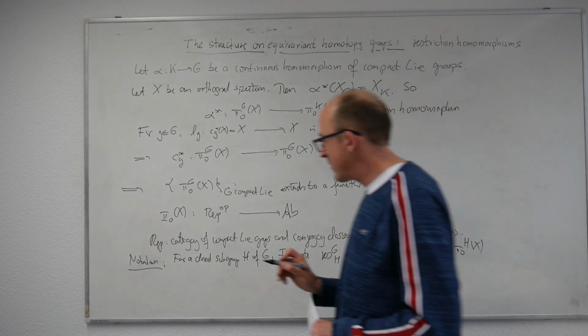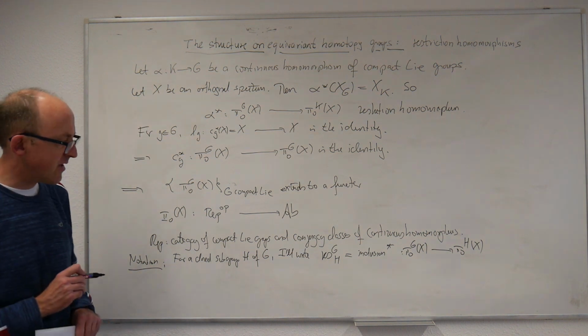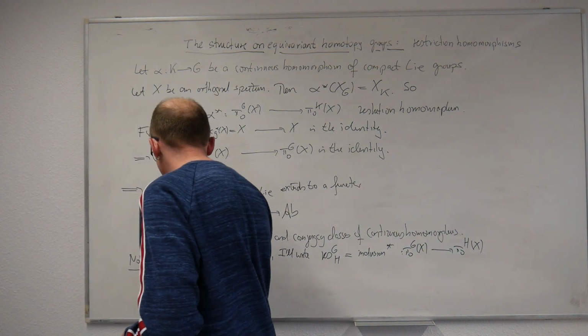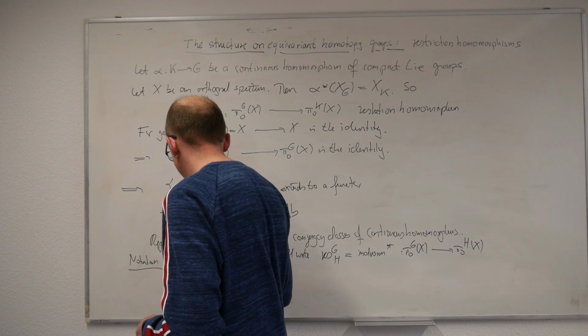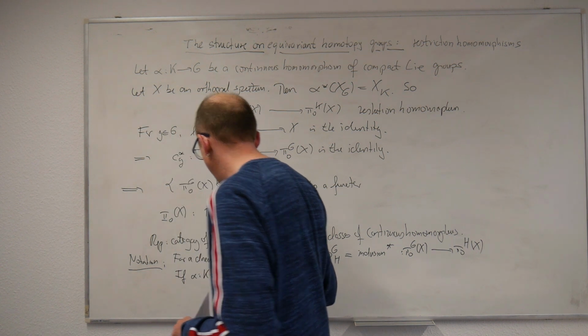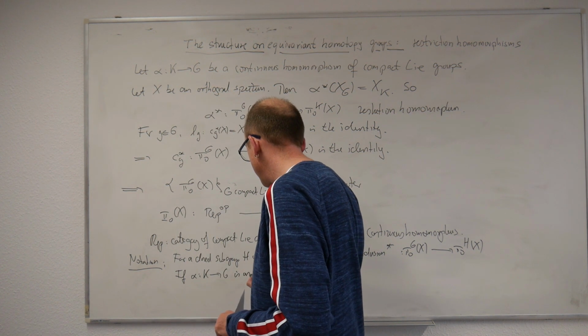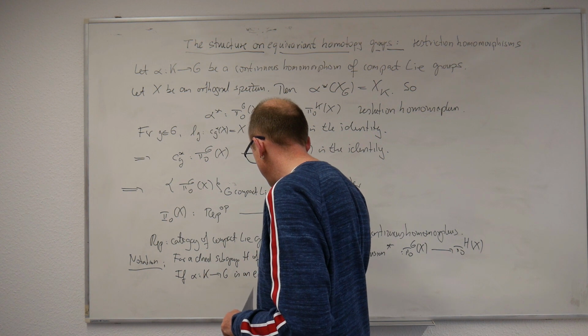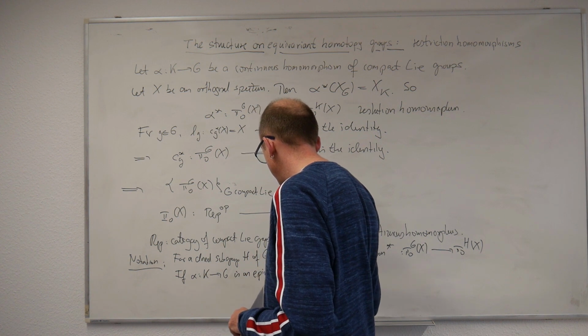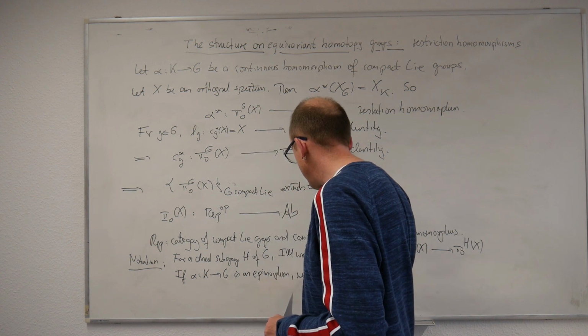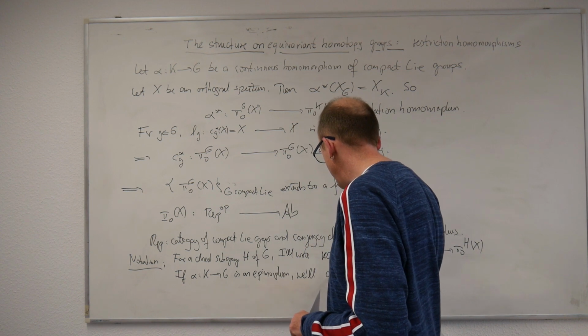And then another piece of terminology that is useful is if alpha is an epimorphism, so a surjective continuous homomorphism, then we call the associated restriction map an inflation map.